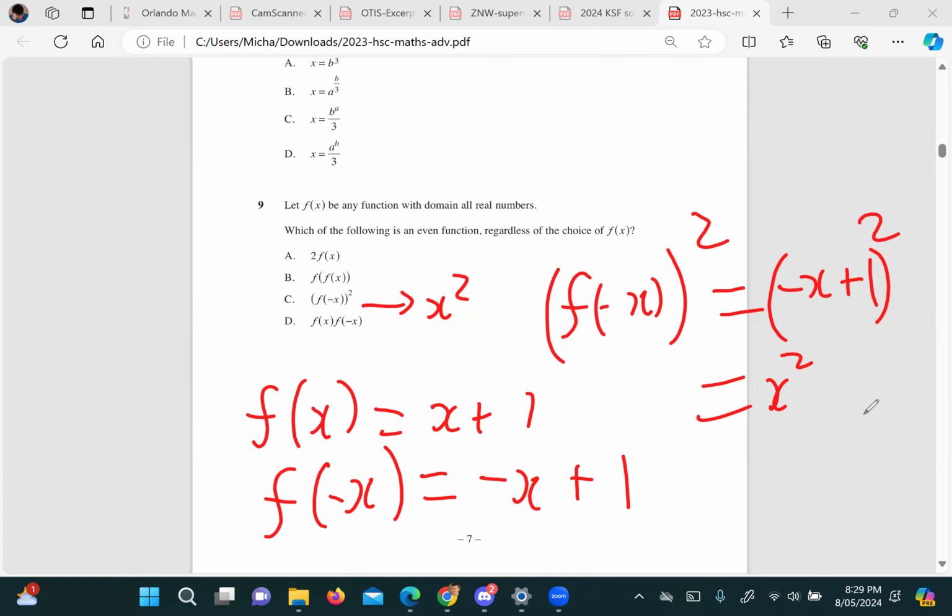Plus 1. Okay, there's a plus 1. What else? Minus 2x. Yeah, good. So you can't forget the minus 2x, okay? That minus 2x is what's going to keep it not even. See, the point is it's an odd power of x and the others are even powers of x.